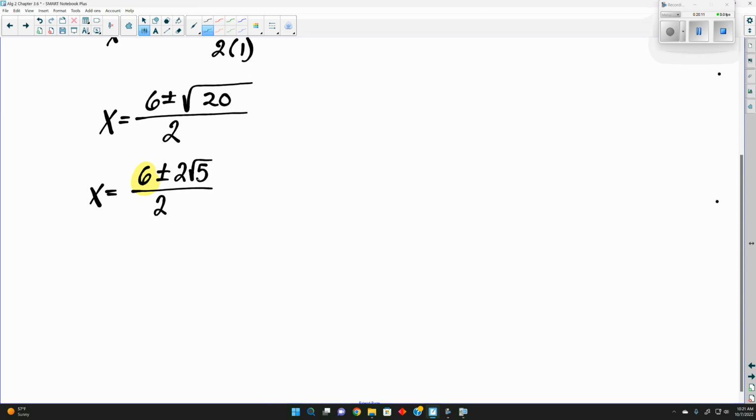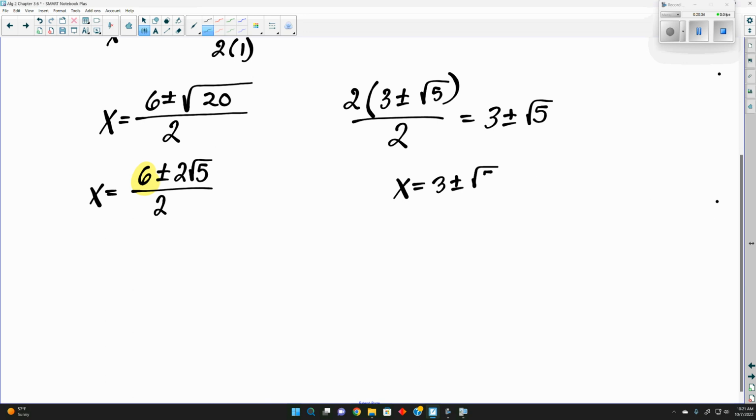So we could do the same thing we did before and factor 2 out, which would leave us with 3 plus or minus the square root of 5 over 2, yes? 2 divided by 2 is 1. Telling us that this is 3 plus or minus the square root of 5. Or we could have just divided each of those 3 spots by 2 and see what we got. Either one works.